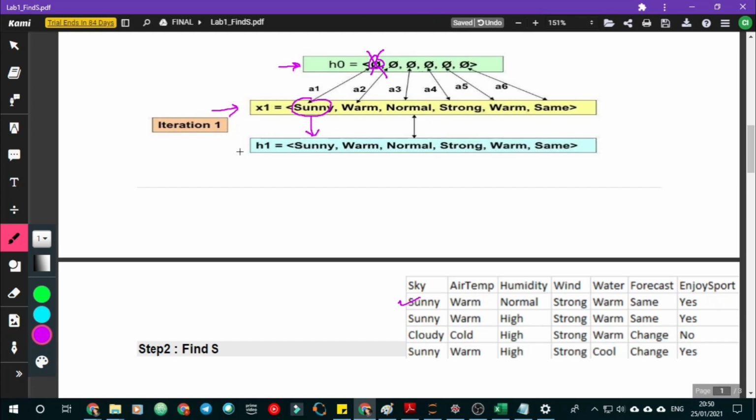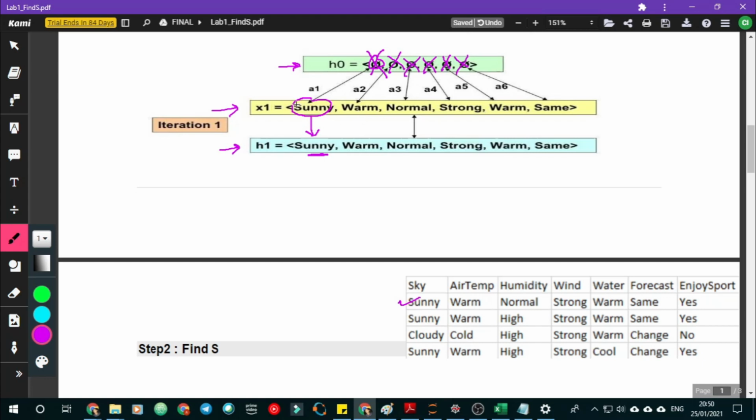So my new hypothesis is H1, my old hypothesis is H0. Now Sunny is my new hypothesis. Again, both are different, so discard. Both are different means this null value versus warm, this null value versus normal. Then discard it.